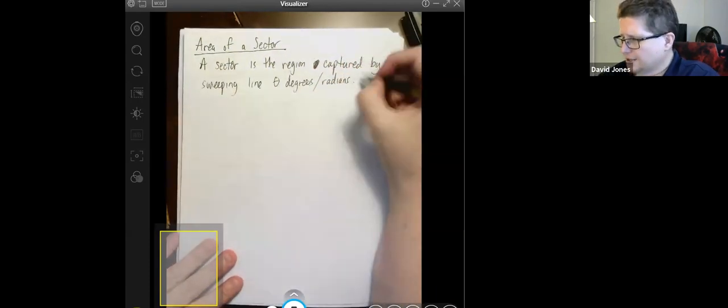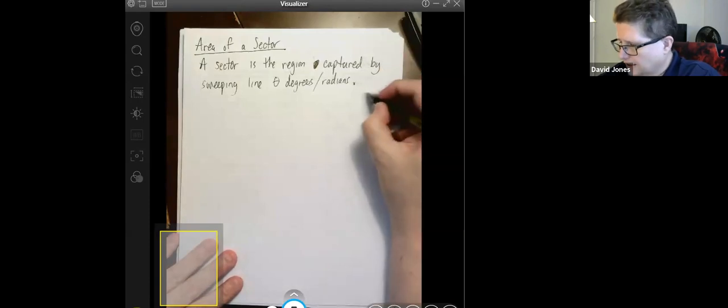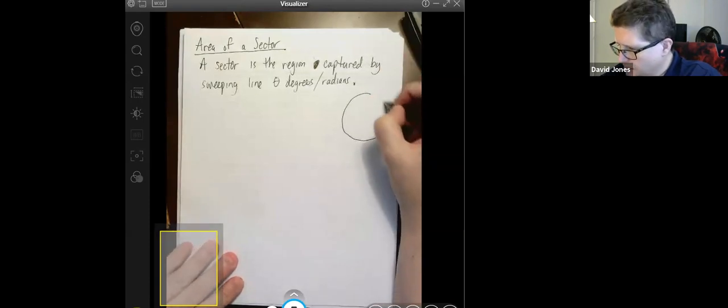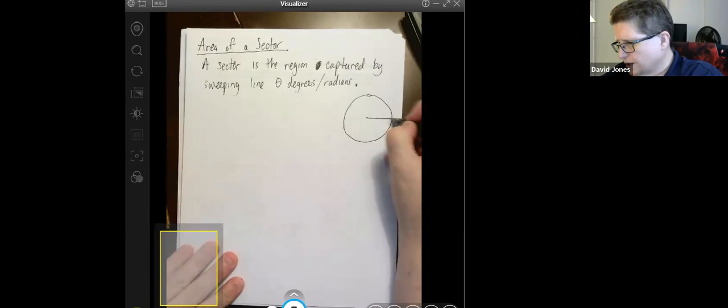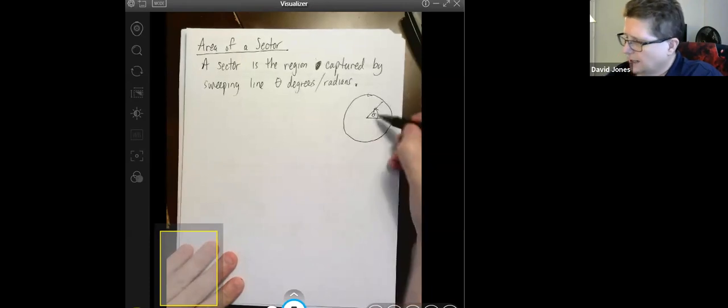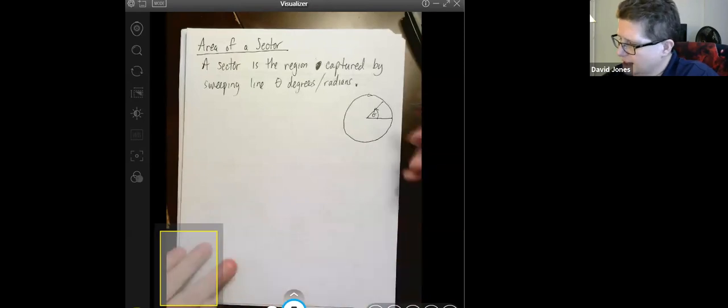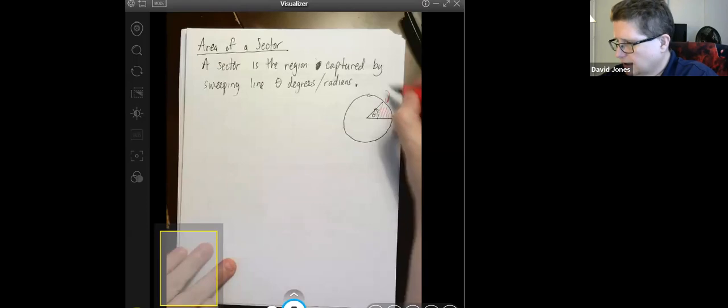It's an area. We start there, we sweep out an angle theta, and this is the area of that sector. That's called the sector.